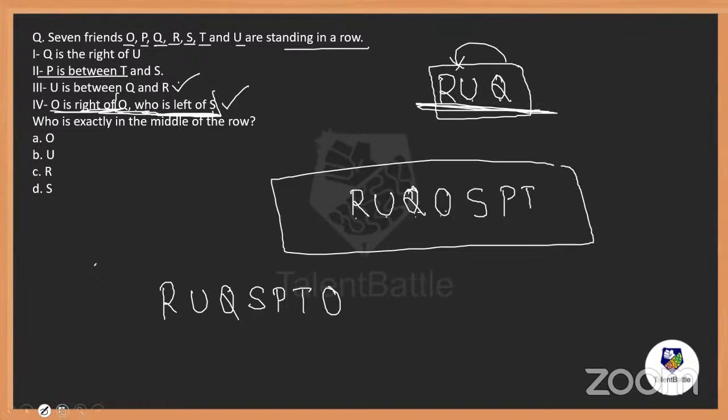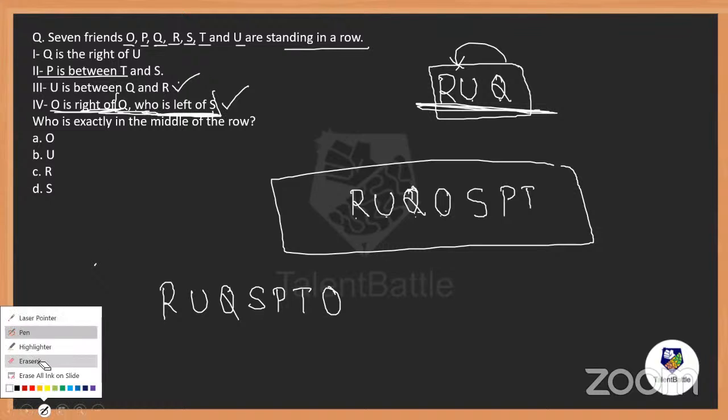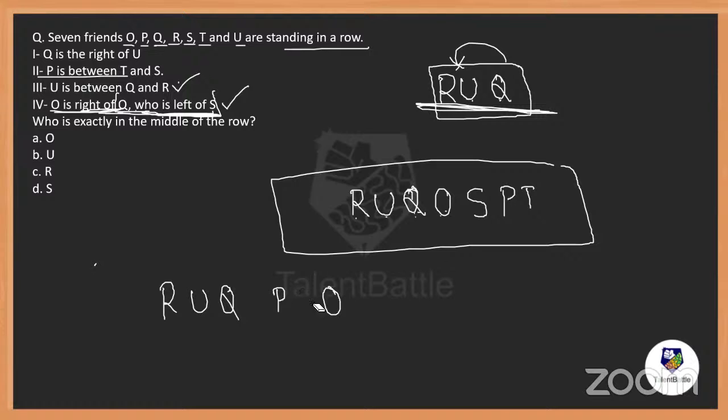Who is to the left of S. S left side. Even one thing, left of S means we can even take like this: R, Q, then S. And then they have even given P is between T and S, which means we can even take like this also.